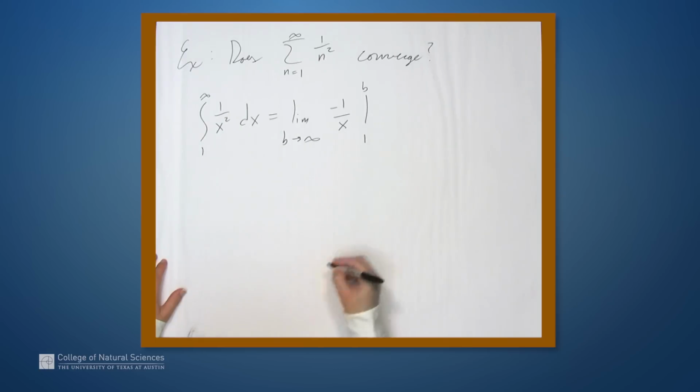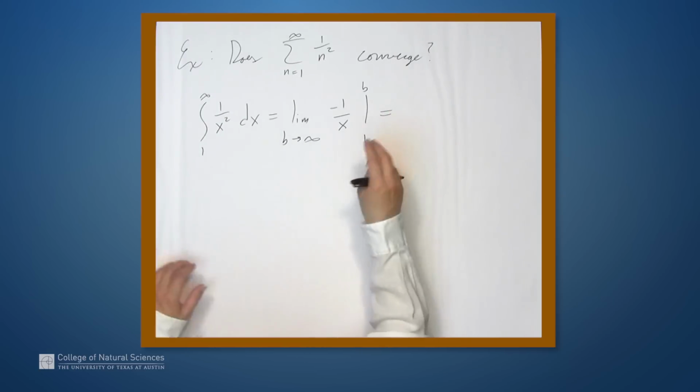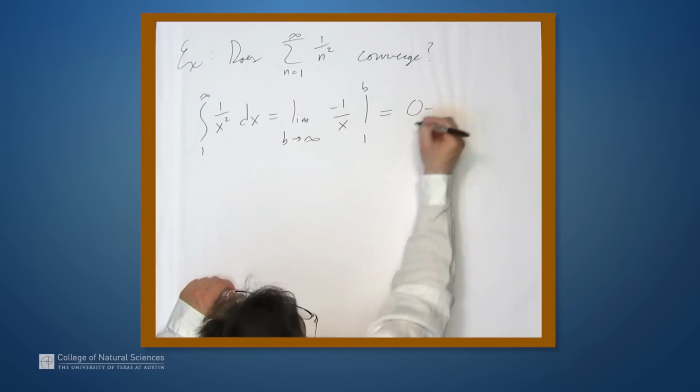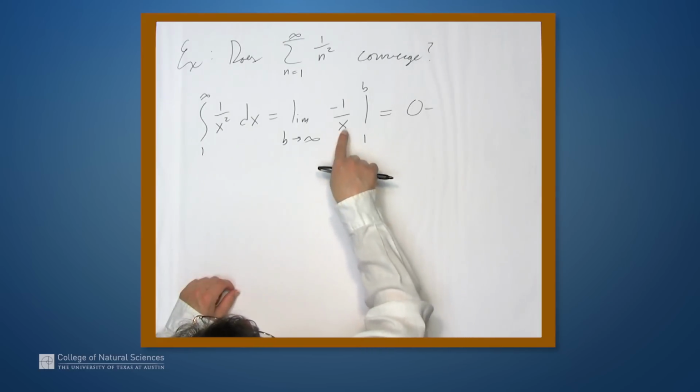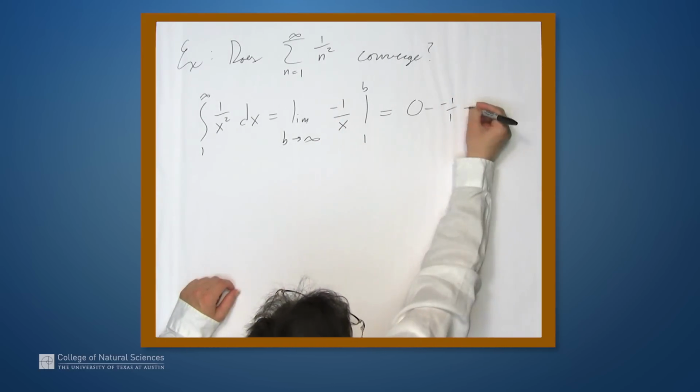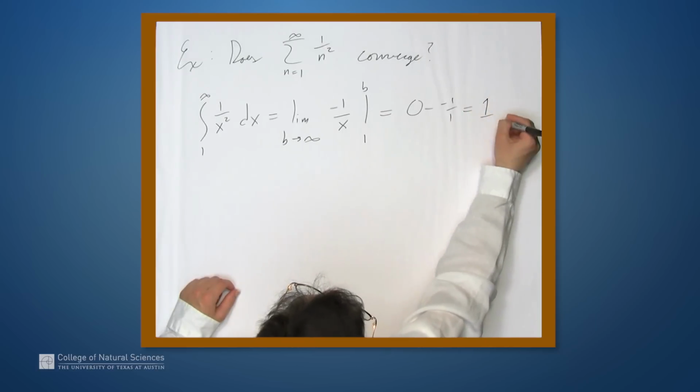Now, as b goes to infinity, negative 1 over b goes to 0. So we're left with 0 minus negative 1 over 1. This equals 1.